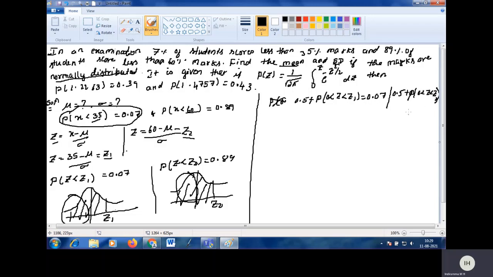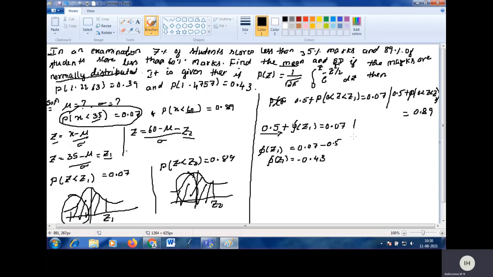0 to z2 is equal to what? 0.89. So now it can be written as 0.5 plus, where the probability of 0 to z1 can be written as phi of z1. Phi of z1 is equal to 0.07. Take 0.5 to the RHS. So phi of z1 is equal to 0.07 minus 0.5. Therefore phi of z1 is equal to minus 0.43.